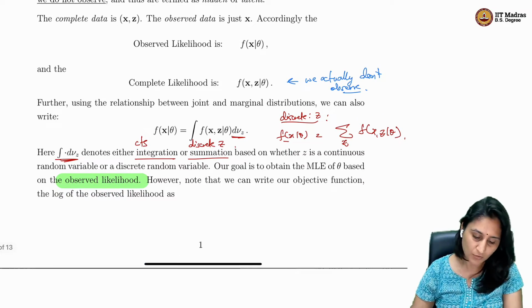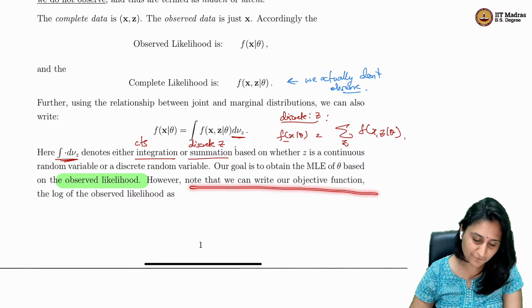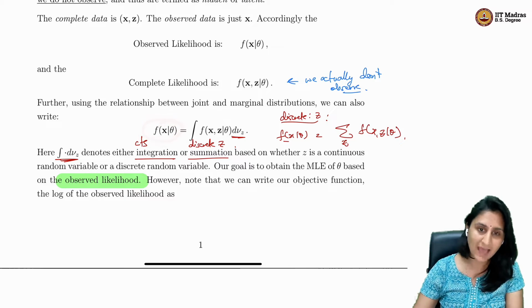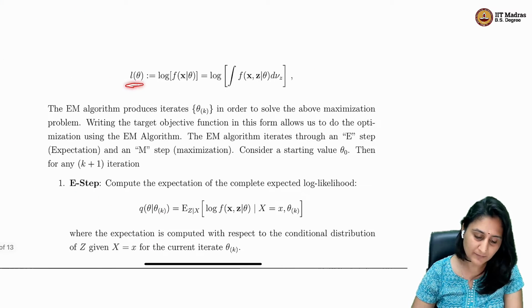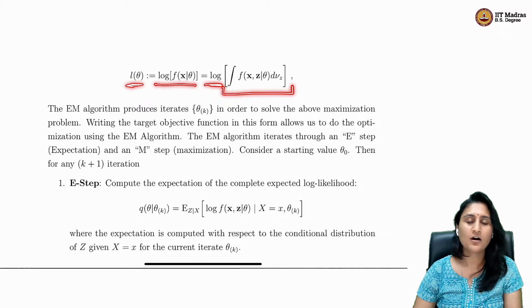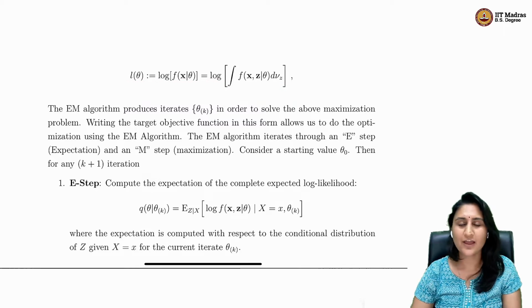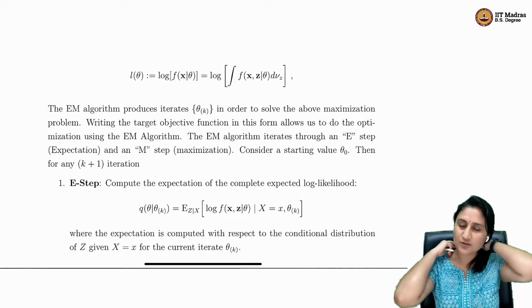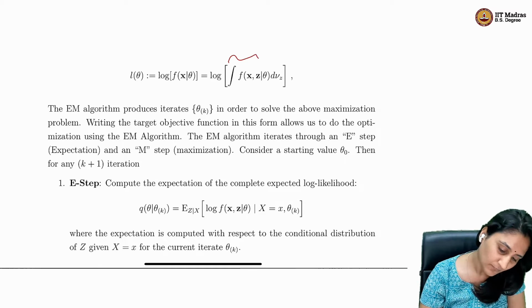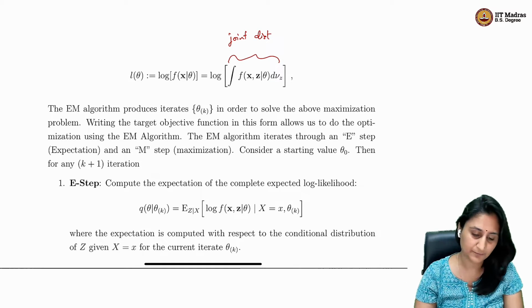However, note that we can write our objective function, which is the log of the observed likelihood, L of theta, as the log of this integral of the joint likelihood f of x comma z given theta, right? So this is your joint likelihood or joint distribution coming from the complete data likelihood.